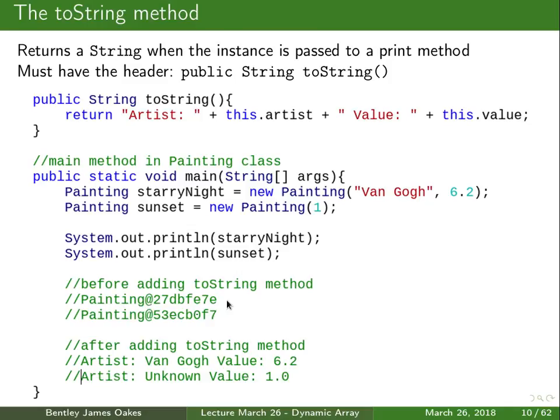Let me say this: the default version of the toString method just prints out the class name and the address. You need to write your own version to make it more useful. So again, I'm printing out the artist and the value, so then I can do some good debugging and actually have some useful details here. So it needs to be public String toString as the method header. Questions about that?